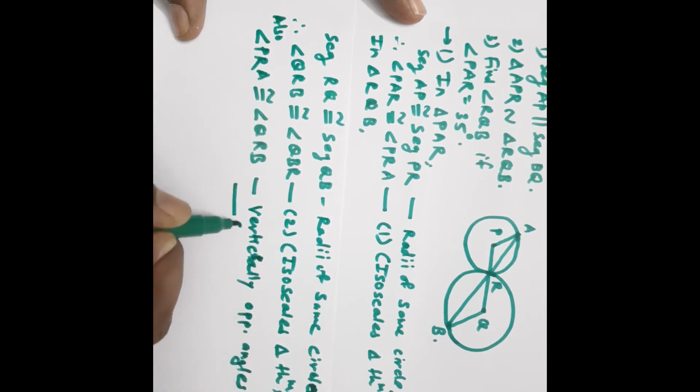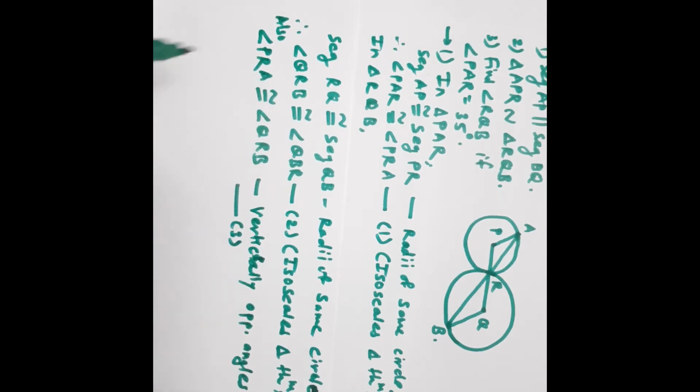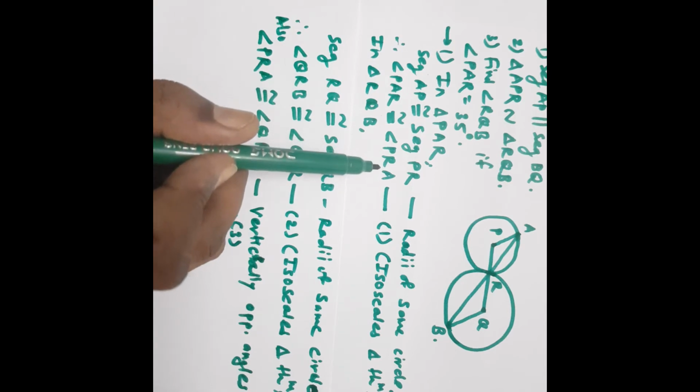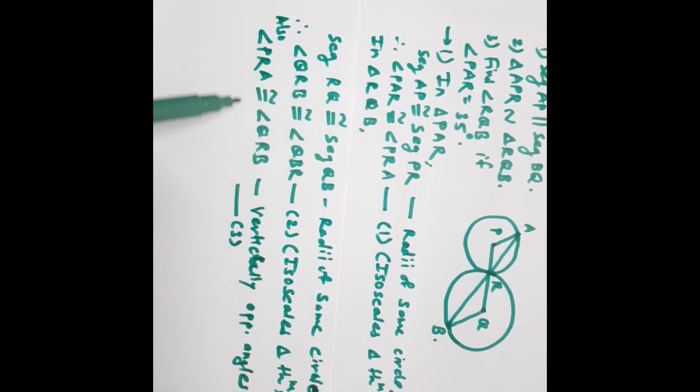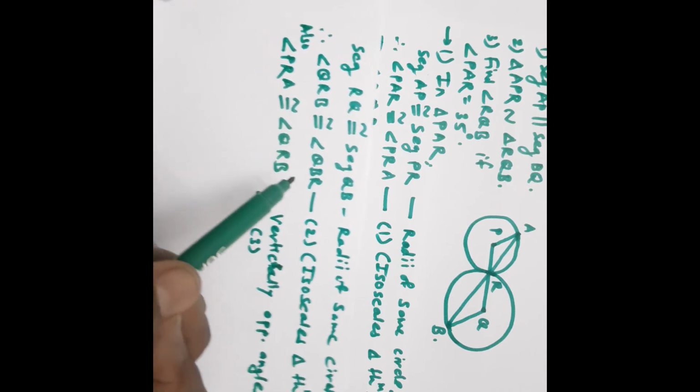We will give number 3 to this statement. Here, see, angle PAR is congruent to angle PRA, angle PRA is congruent to angle QRB, and angle QRB is congruent to angle QBR.